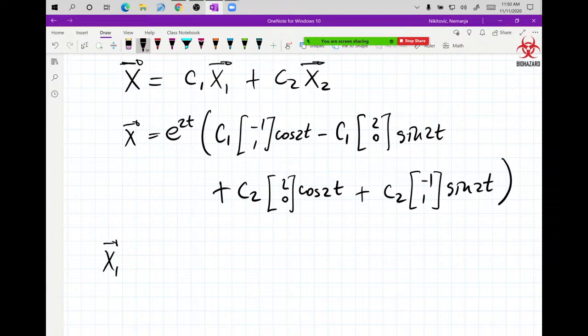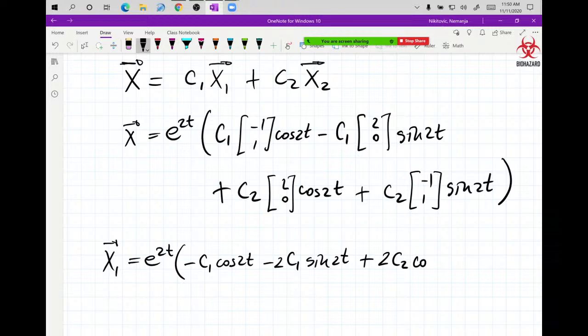So x1 is going to be e to the 2t, and now I need to have four things here. So that's going to be negative c1 cosine 2t minus 2c1 sine 2t plus 2c2 cosine 2t minus c2 sine 2t. And then you have your x2, e to the 2t, and now you do the same thing except you go through the bottom ones.